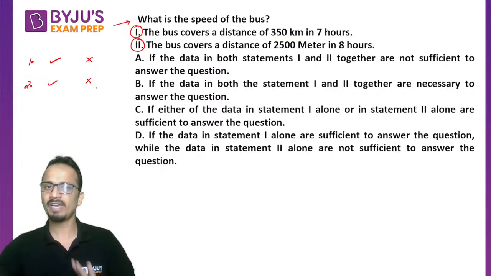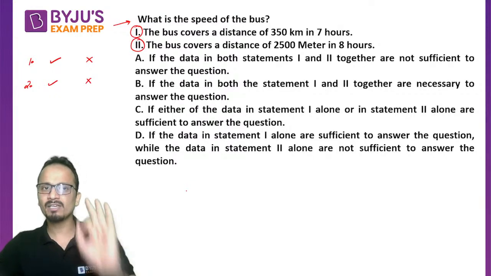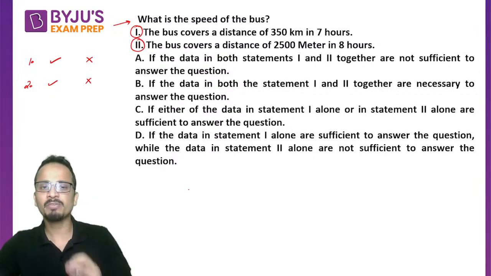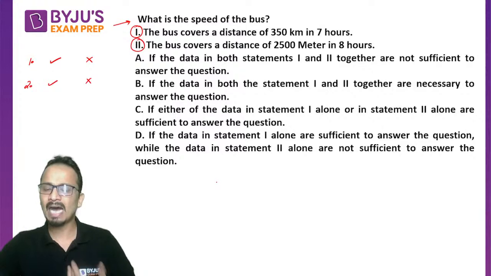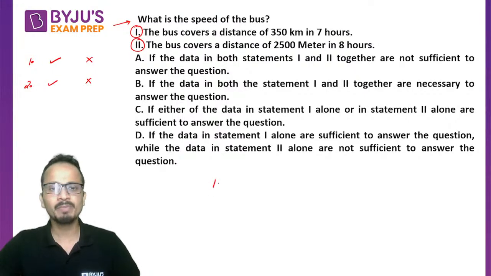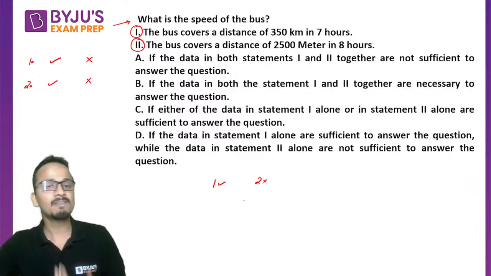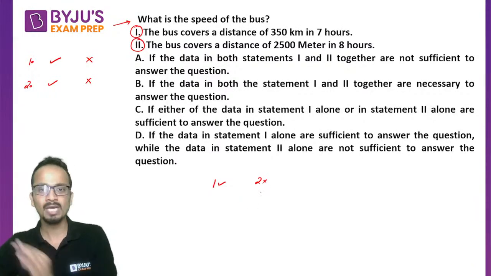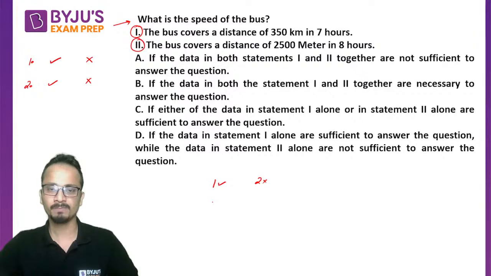All right, fine. So basis treating both these statements individually, what possibilities can the answers be? First statement se answer akele aa jayega, second se nahi aayega. Statement number 1 is sufficient to answer the given question alone, but statement 2 is not sufficient. Or the option can be statement number 1 alone is not sufficient, 2 alone is sufficient.